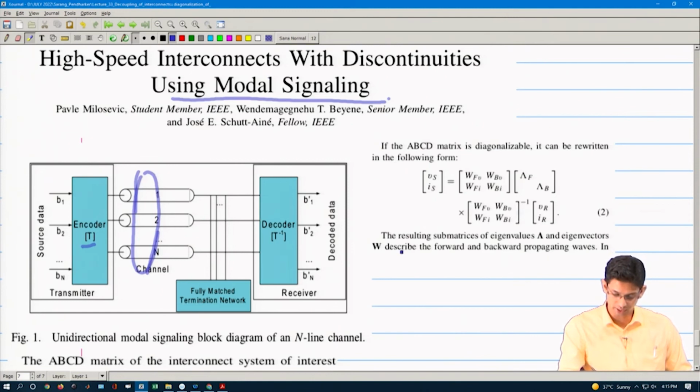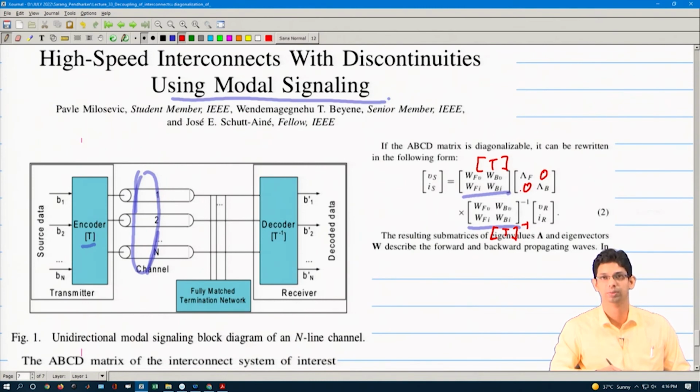But there you can see that there is this coupled matrix like this. Earlier you had a coupled equation, so equation 1 was a coupled equation. This equation is a decoupled equation where you have this form, right. This is your T and this is your T inverse. You can see this inverse, and then this is a diagonal matrix.